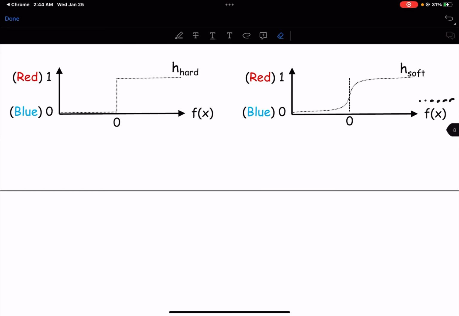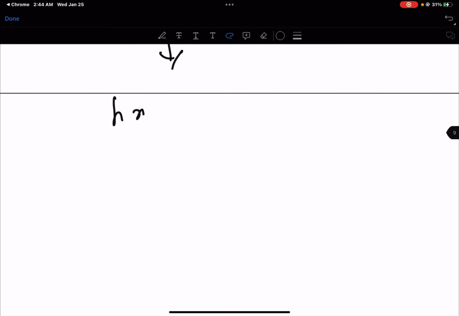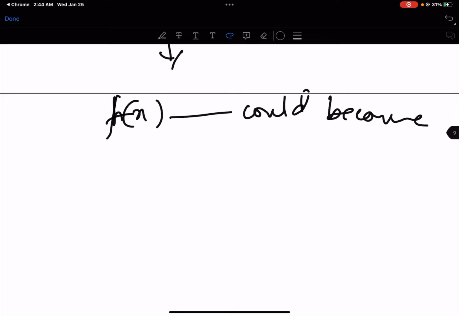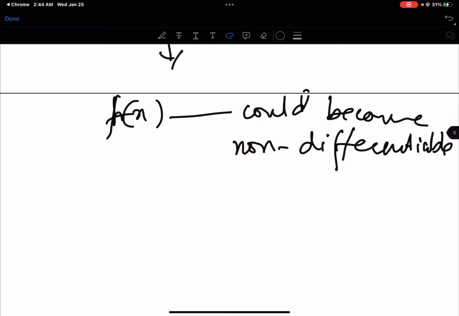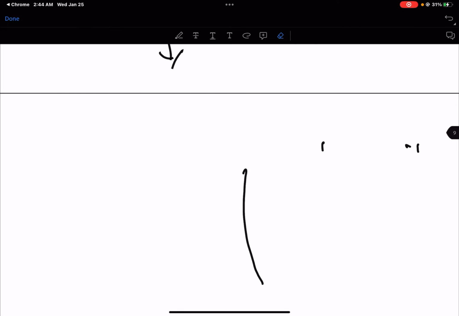And the problem with a hard classifier is that your h of x, f of x, could become non-differentiable. So why is a hard classifier not recommended?